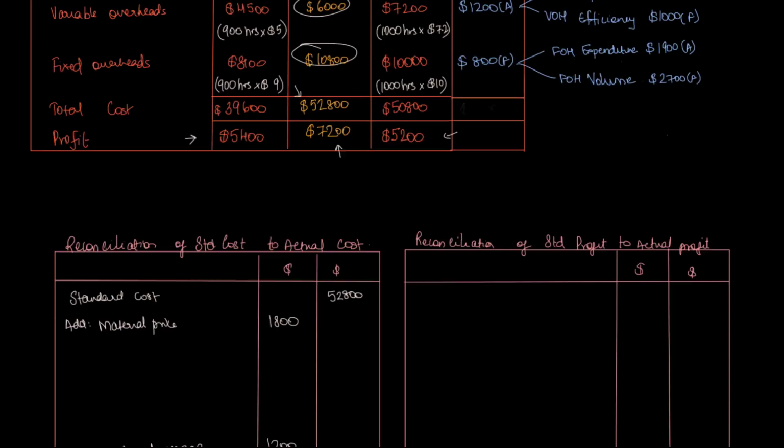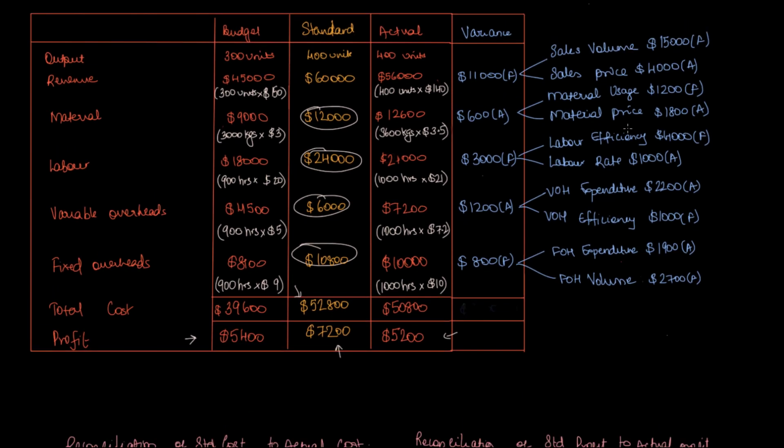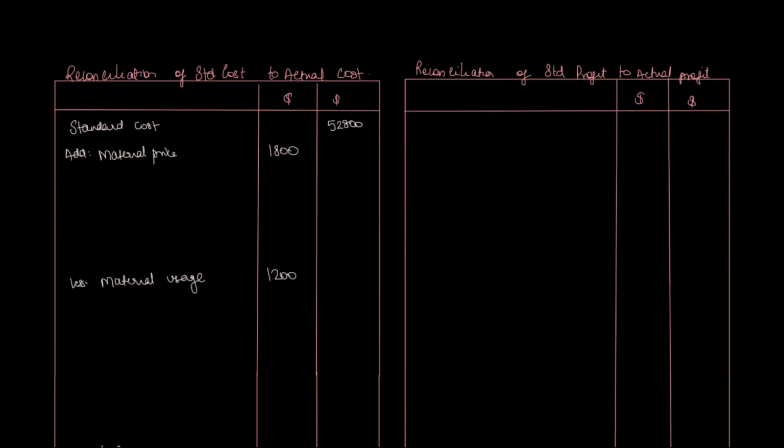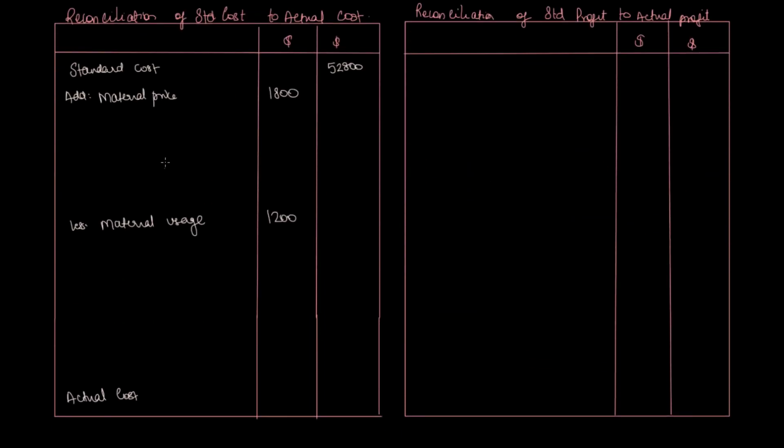Same thing I'm going to do for all other cost variances also, labor, variable overheads and fixed overheads. So let me just write it. I have the numbers here in front of me. So we also had a labor rate variance which was adverse, 1000. Basically all the adverse variances I'm going to add here.